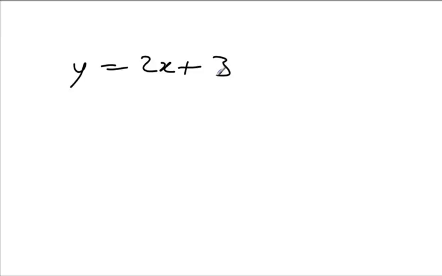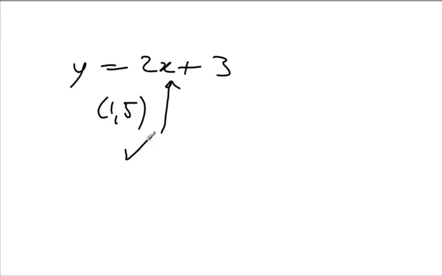So if I said, show that the point 1, 5 is actually on that line, you'd substitute the 1 in there and see what I get. 1 times 2 is 2 plus 3. Oh, it's 5. It works. So it must be on the line.